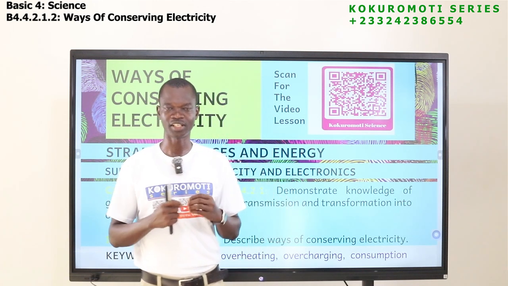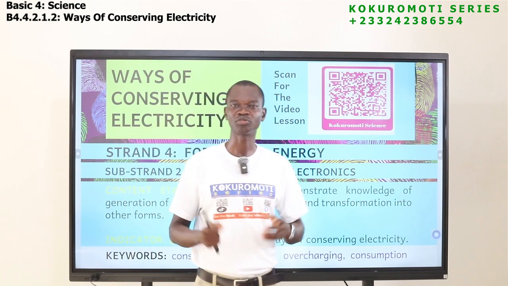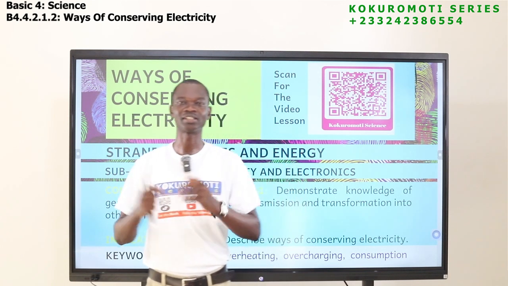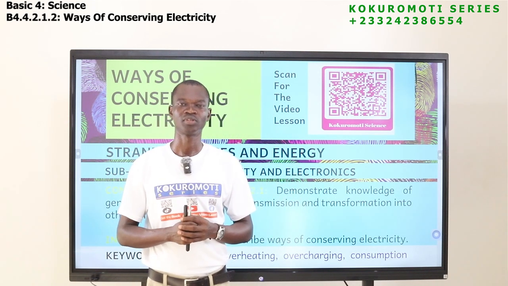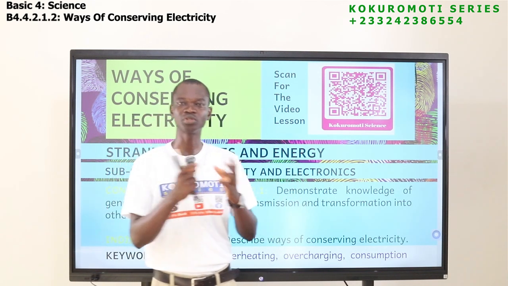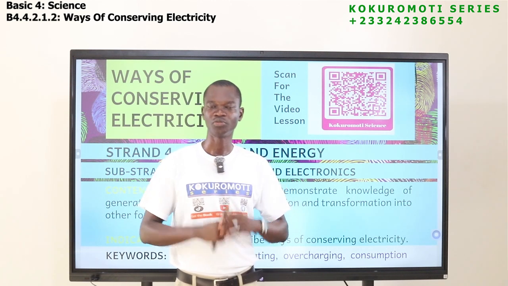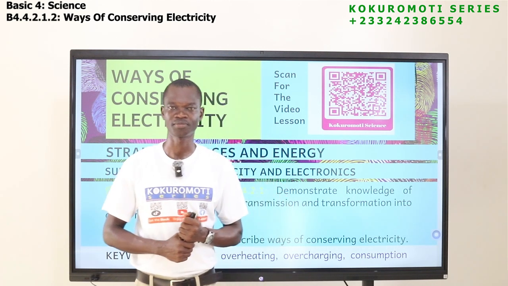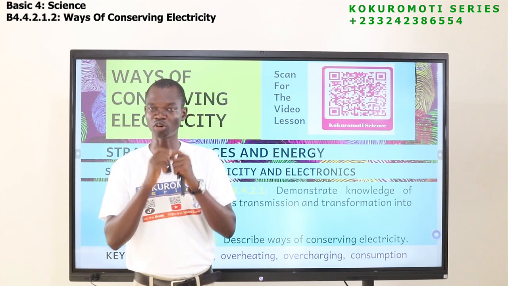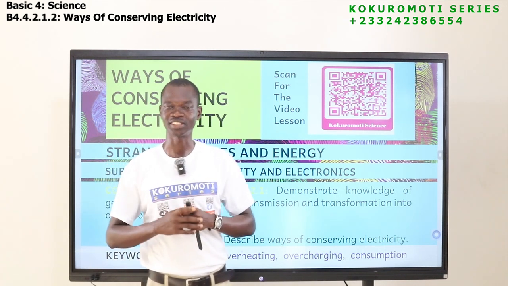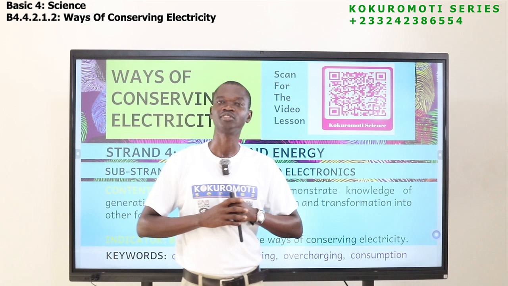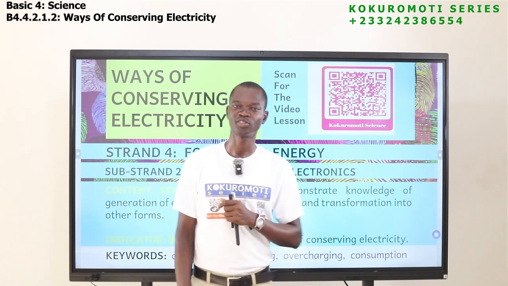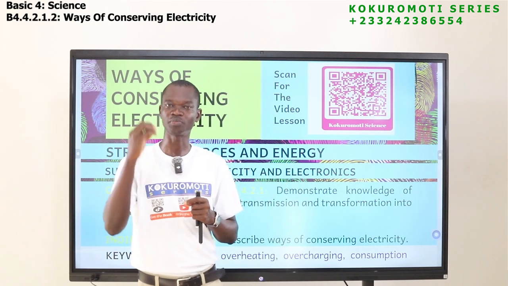How to conserve electricity. Do we have to use our electrical appliances anyhow? There are some ways of using our electrical appliances that will make us end up paying more for the electricity that we use. Because you don't pay the light bill, you think the electricity is for free. It is not for free. We pay for it. Your father pays, your mother also pays.